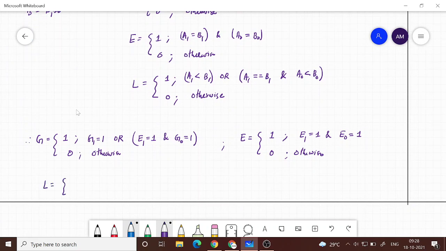And similarly L, that is the overall less than condition, is equal to 1 if either L1, the 1th position, that is the A1 B1 comparison, turns out to be less than, then this is 1, or E1 equal to 1 and L0 equal to 1, 0 otherwise.